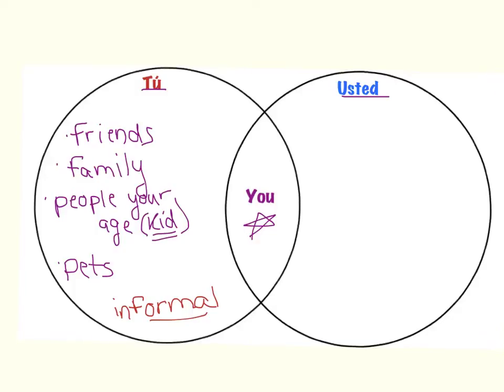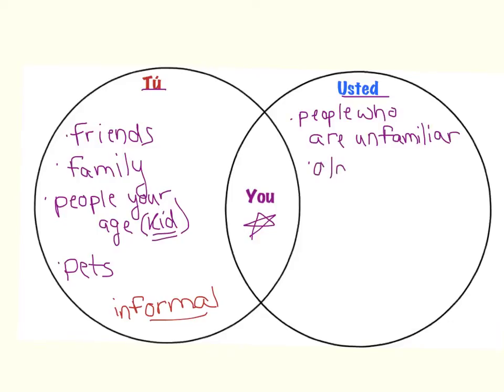It would be kind of strange if you addressed your mom or your dad or someone in your family as an usted. So let's talk about usted now. You use usted with people you don't really know, people who are unfamiliar, talking to older people.